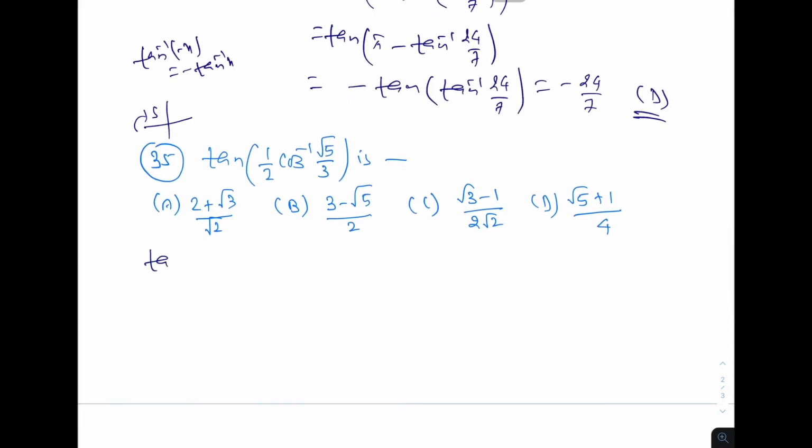So tan of 1 by 2 cos inverse root 5 by 3.